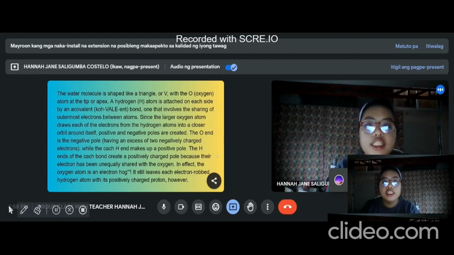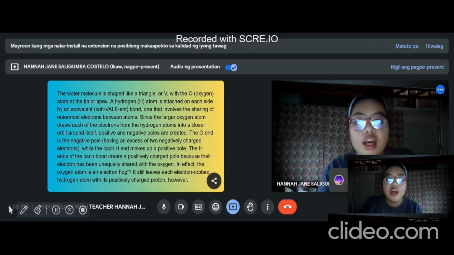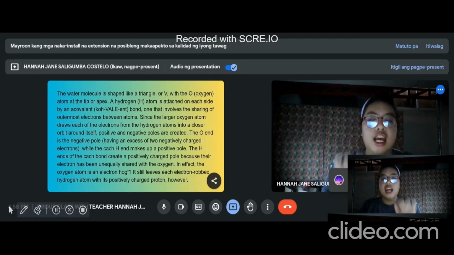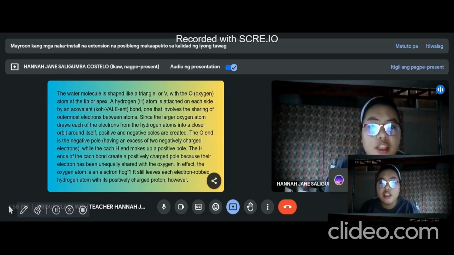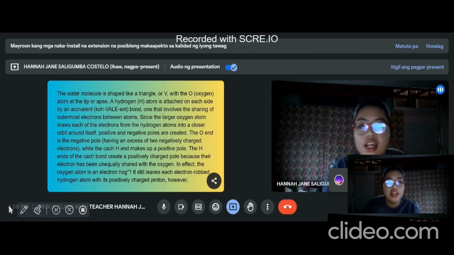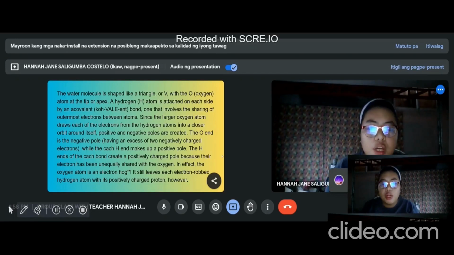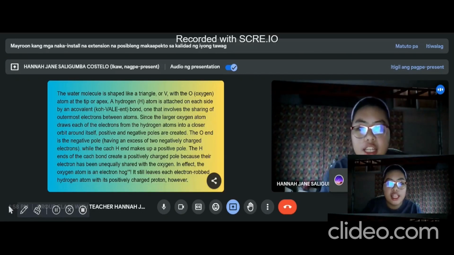The water molecule is shaped like a triangle or V, with the O oxygen atom at the tip or apex, sa taas niya. And then sa vertex ng pinakatuktok niya. Hydrogen, H atom is attached on each side by a covalent bond, one that involves the sharing of outermost electrons.